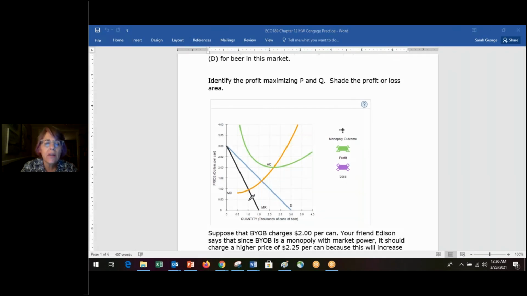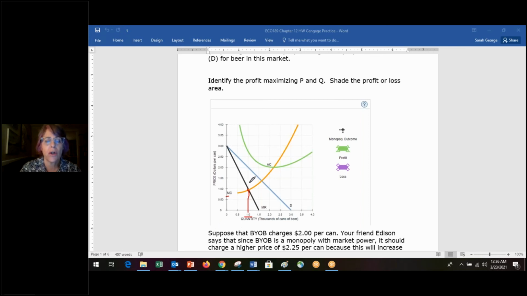You're going to find where marginal cost and marginal revenue cross, right there. You never label stuff out here in space. That was one of the things you guys got wrong in the last quiz. You always label it down here. So they're going to produce 1,000 cans of beer.